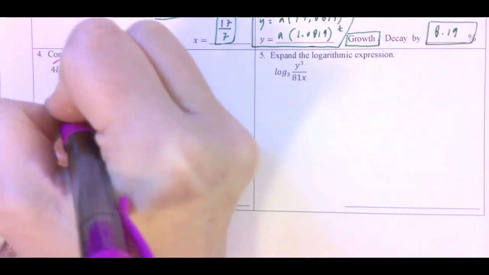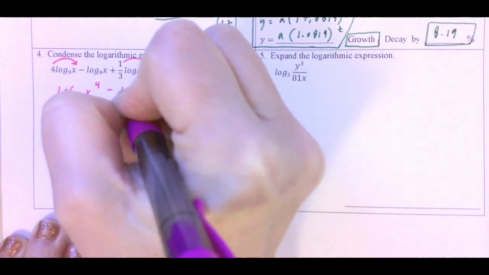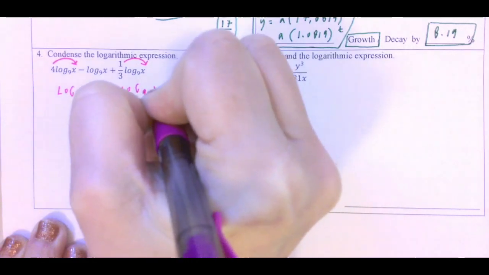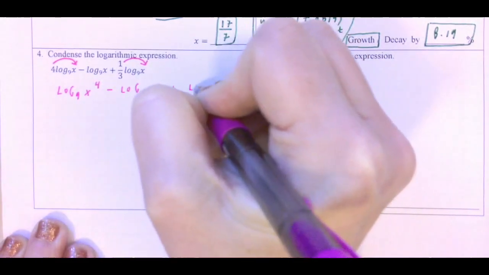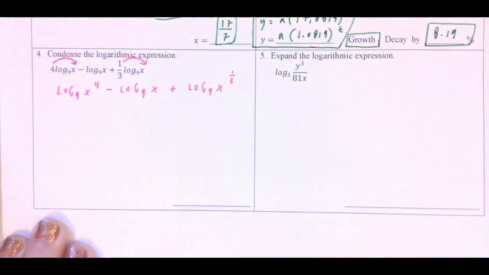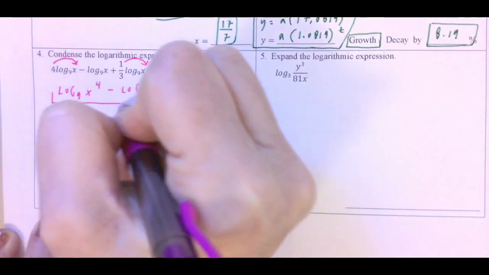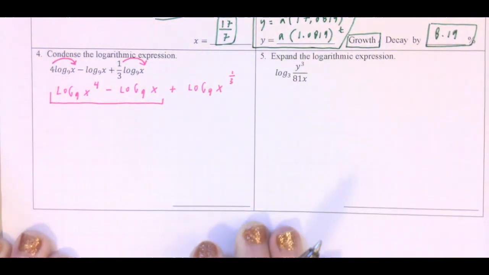Same with the 1/3. So I have log base 9 of x to the 4th power minus log base 9 of x plus log base 9 of x to the 1/3 power. Okay, then I want to fuse these first 2 terms into one.